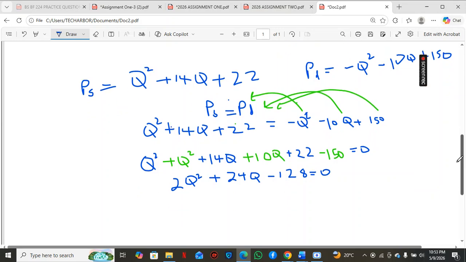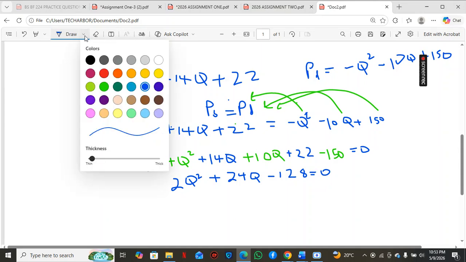Okay. So all of these numbers are divisible by 2, so we can simplify this quadratic equation.